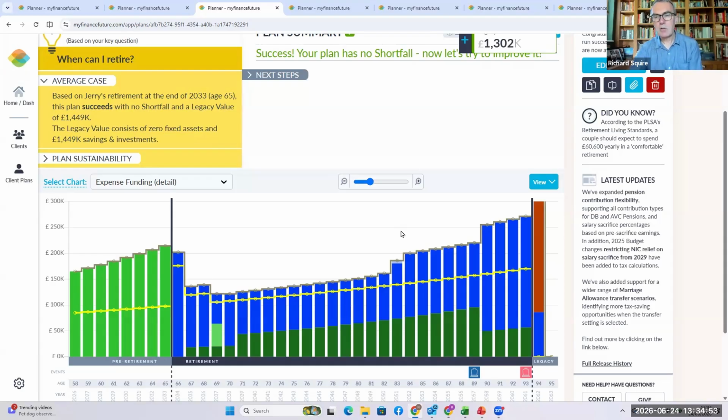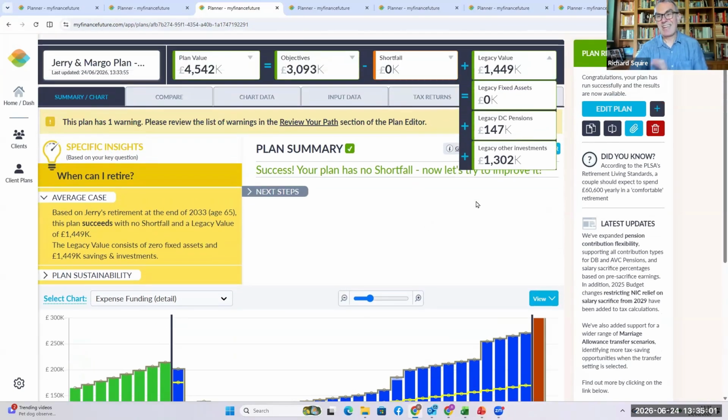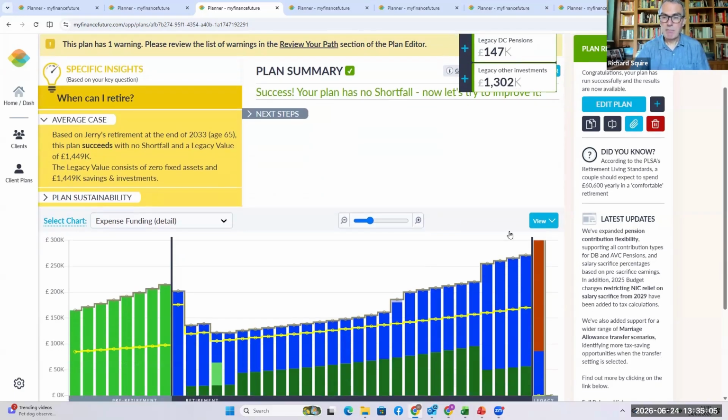So one way to look at this is that it actually creates more of an opportunity for further optimization, because our financial outcome improved a bit and created more of an opportunity. So what we really need to do now is find ways to avoid it being all Jerry's pension that's funding the back end of retirement.